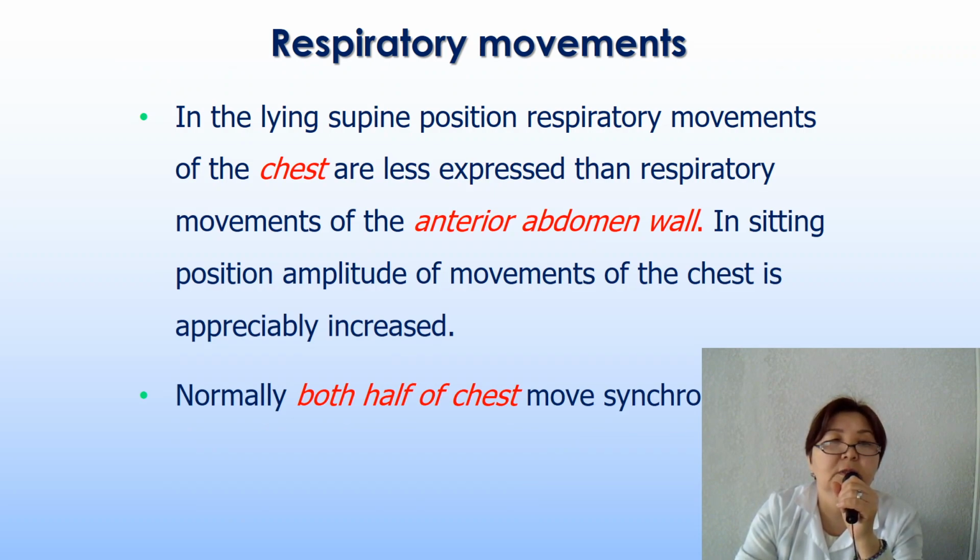Respiratory movements. In the lying supine position, respiratory movements of the chest are less expressed than respiratory movements of the anterior abdomen wall. In sitting position, amplitude of movements of the chest is appreciably increased. Normally, both halves of chest move synchronously.